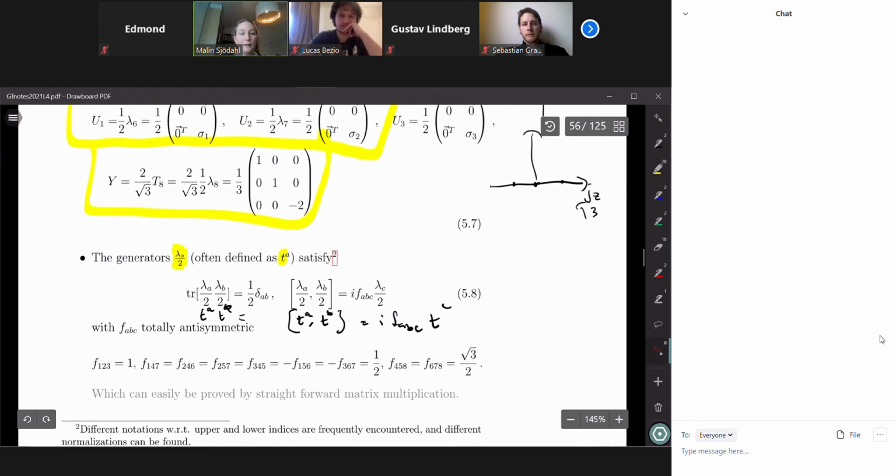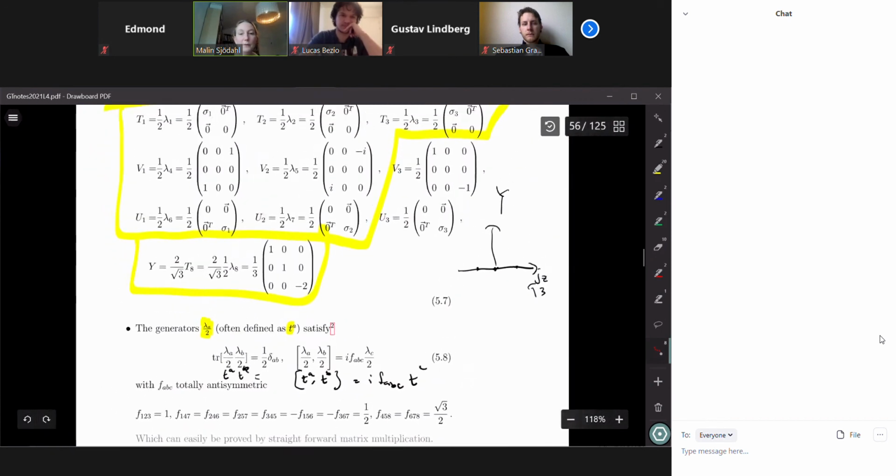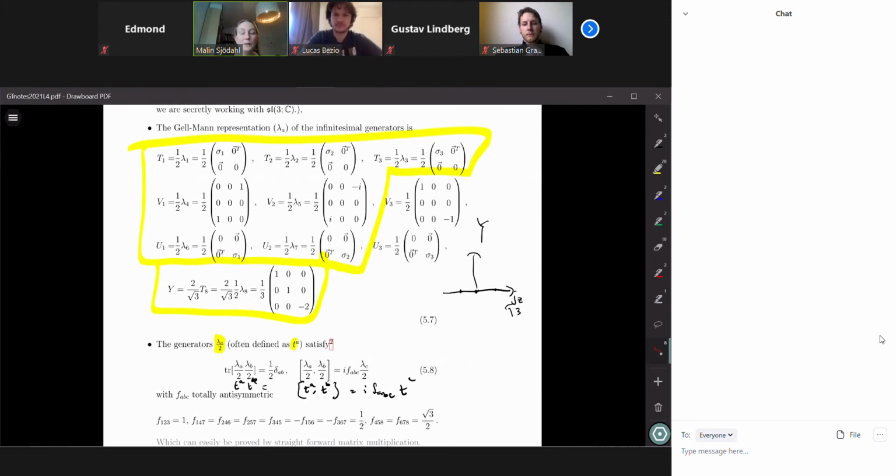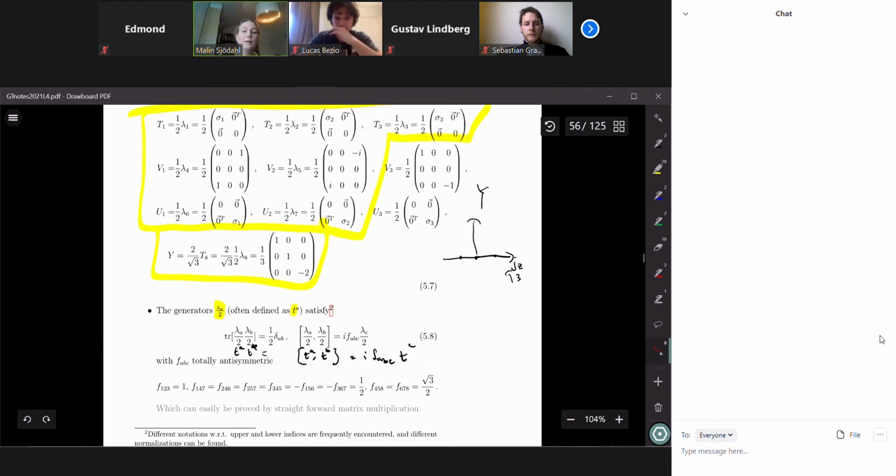And having the form of the matrices here, it is entirely straightforward to calculate f_123, etc., using one of these equations here. So it is just to multiply out this commutator and identify coefficients in front of the matrices.